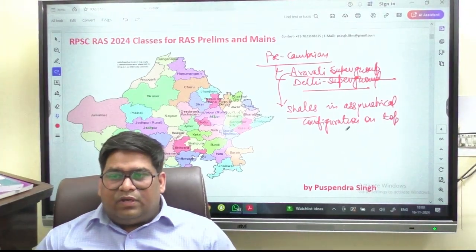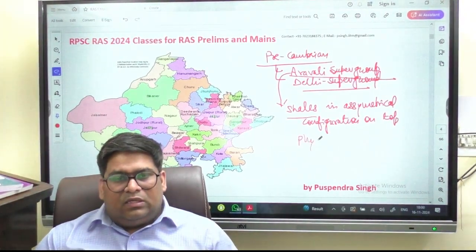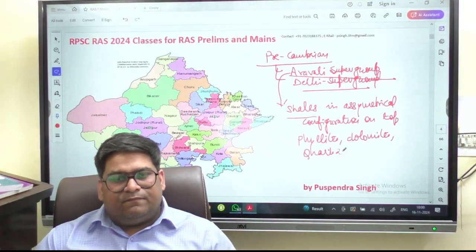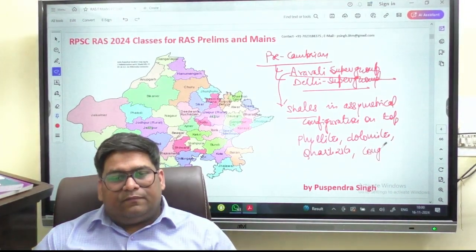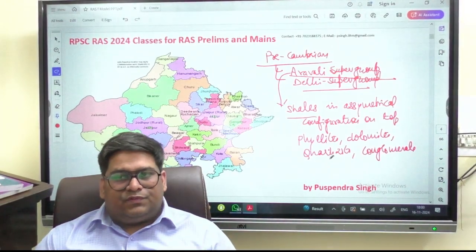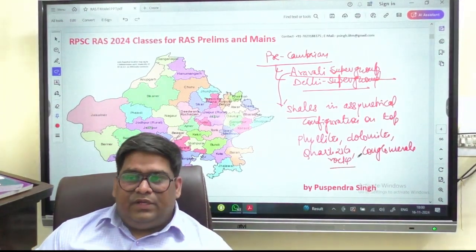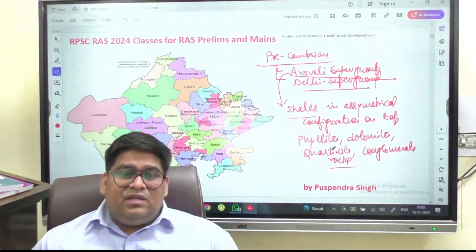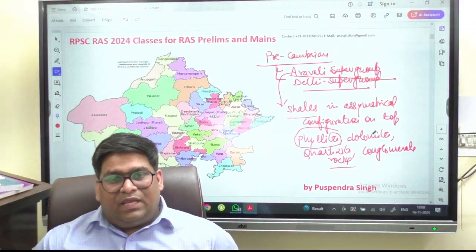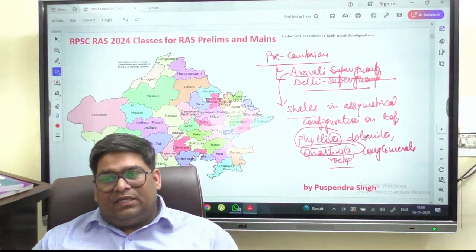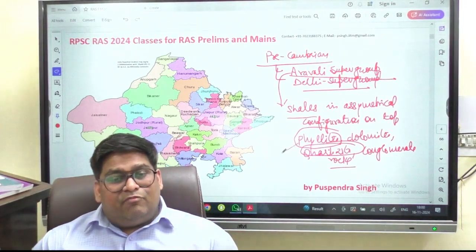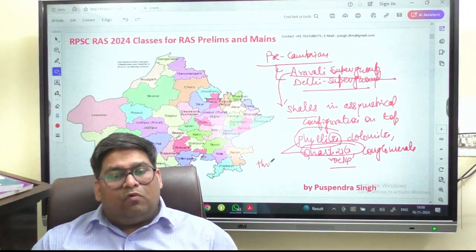Apart from that, you can also find phyllites, dolomites, quartzites, and conglomerate rocks. They are also found in these rocks. The upper part of this Aravalli subgroup consists primarily of phyllite and quartzite. They form a separate rock formation, and they primarily have thick folds.